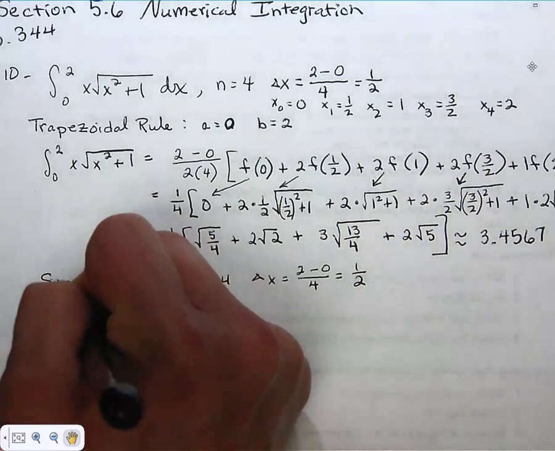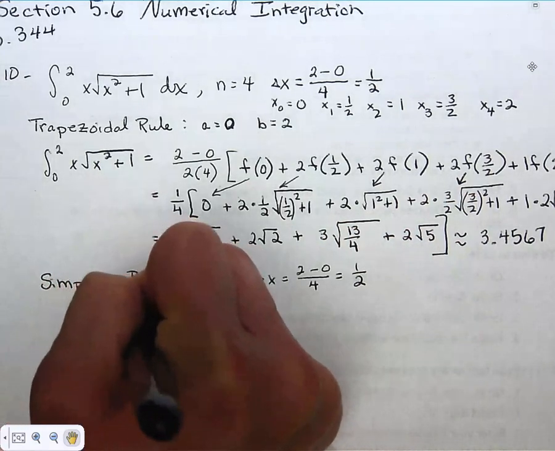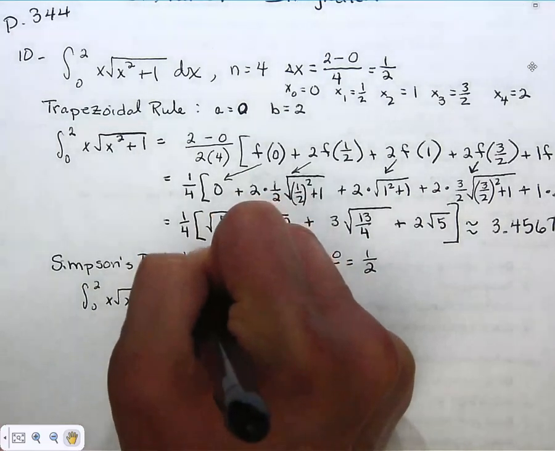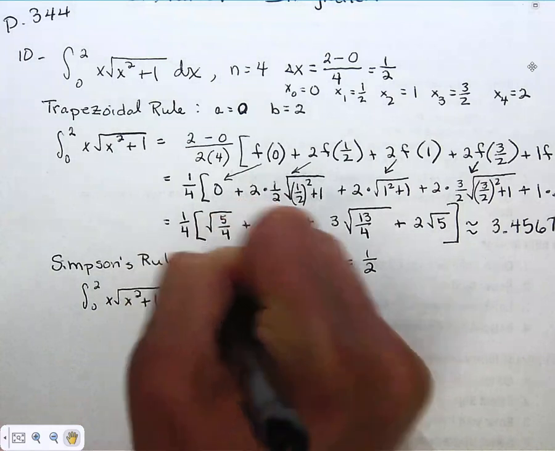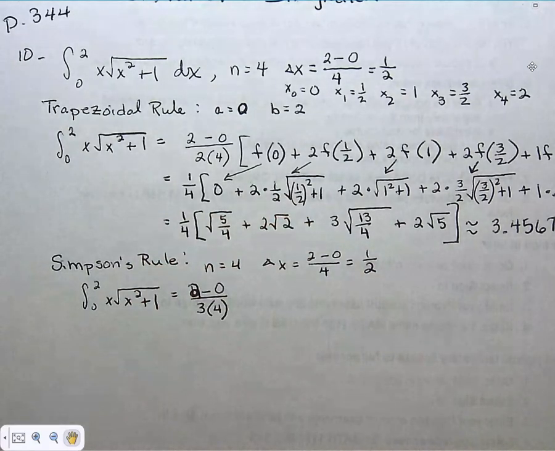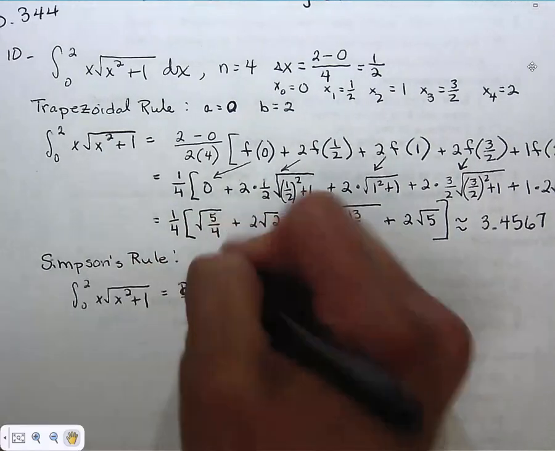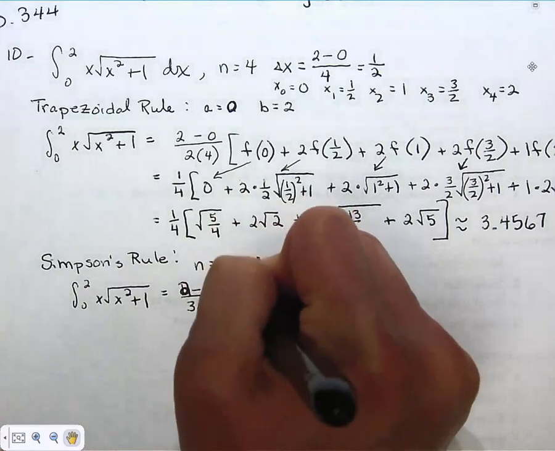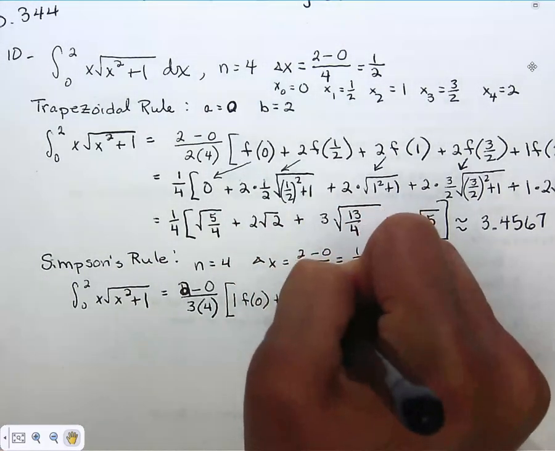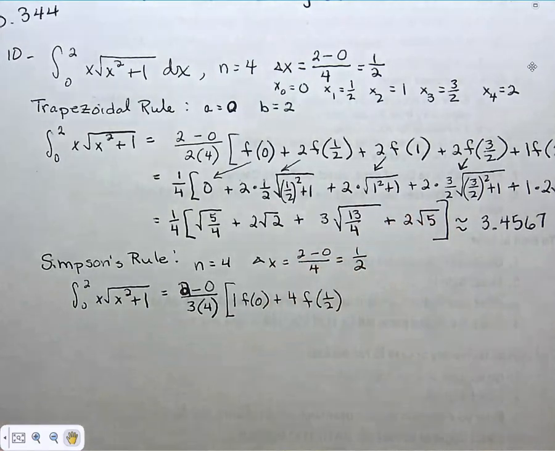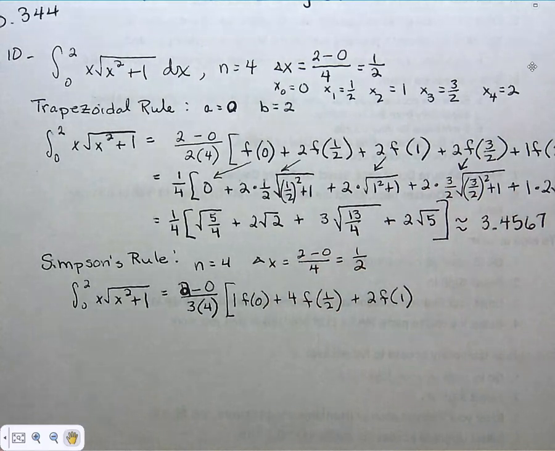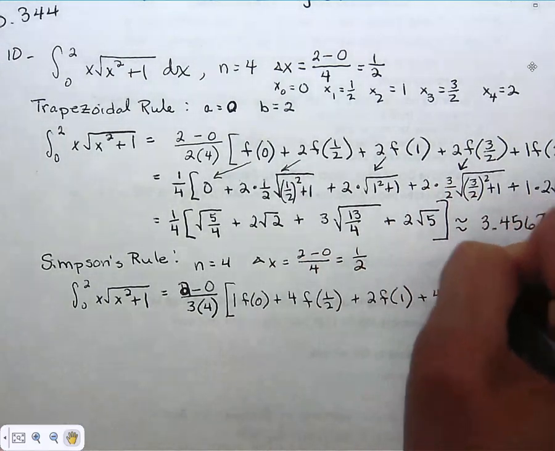Simpson's rule says this definite integral equals b minus a over 3n, 2 minus 0 over 3 times 4, times 1 f of 0 plus 4 f of 1/2 plus 2 f of 1 plus 4 f of 3/2.